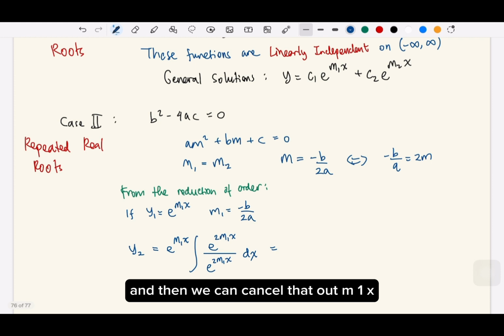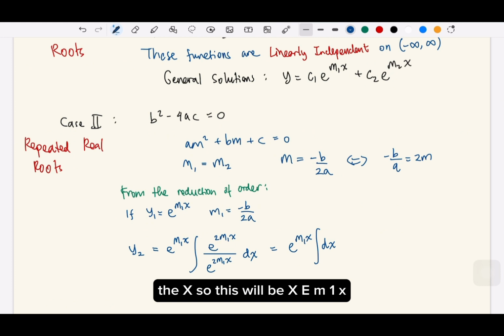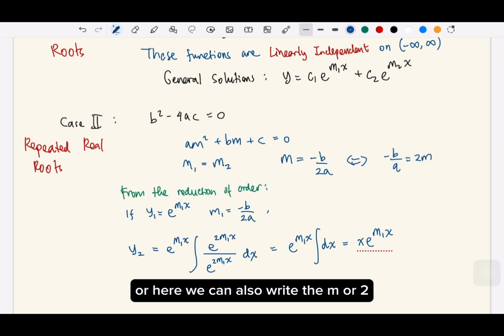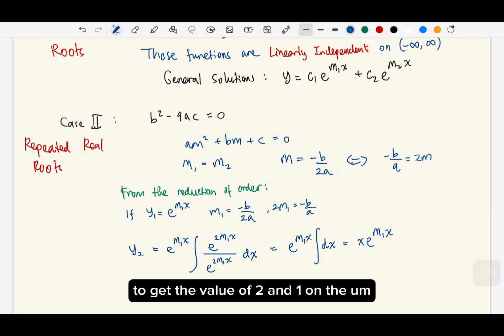Then we can cancel that out, and this will be x e to the m1x. Here we can also write 2m1 is equal to negative b over a, to get the value of 2m1 in the expression in the integration.